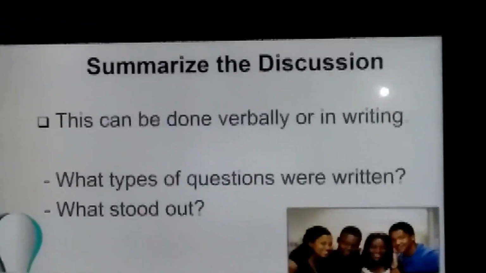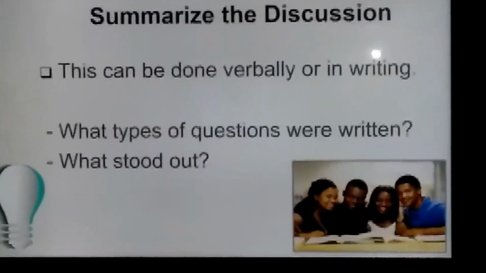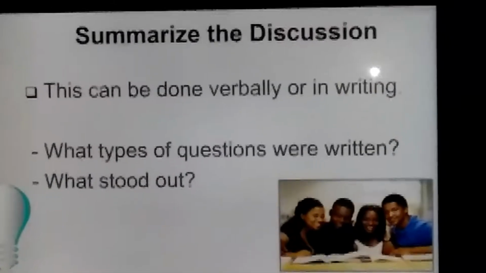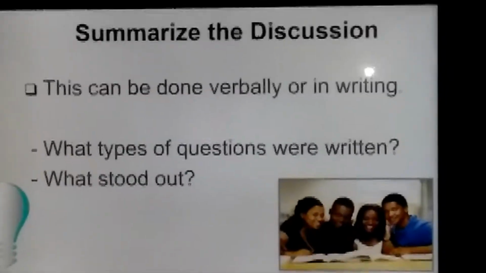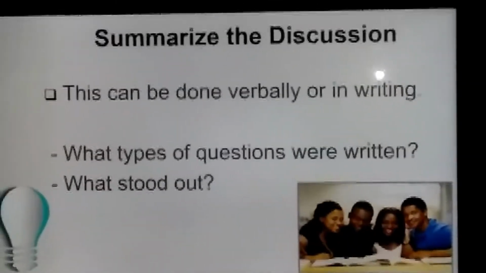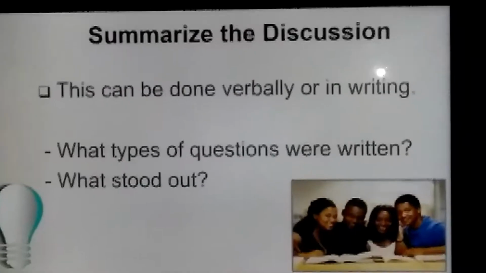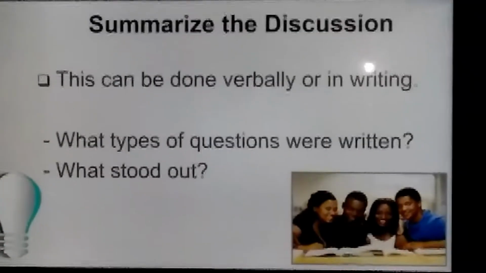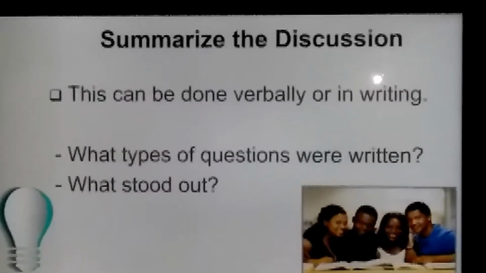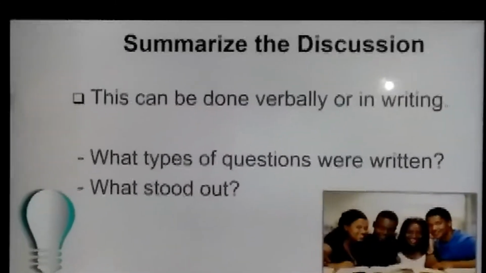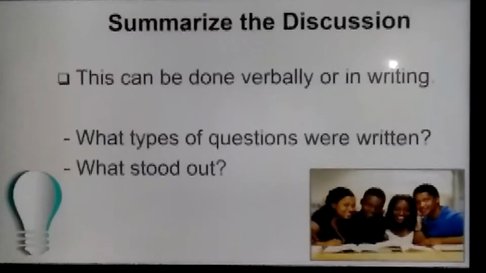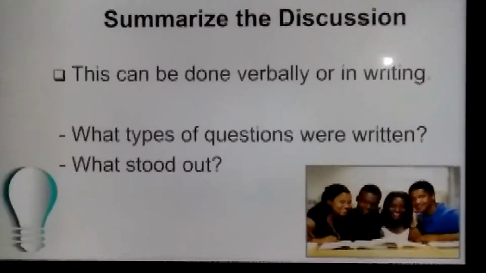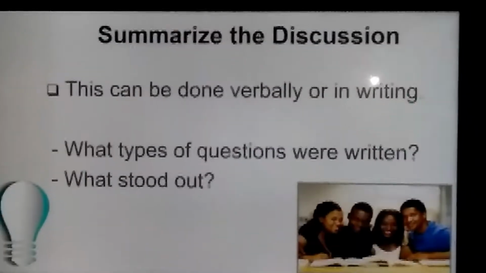The next step would be to summarize the discussion. Really a time of debriefing or just reviewing with the class. Now is the time in which you can allow the students to talk orally, or you can continue the silent way and just have the students answer the questions in writing.